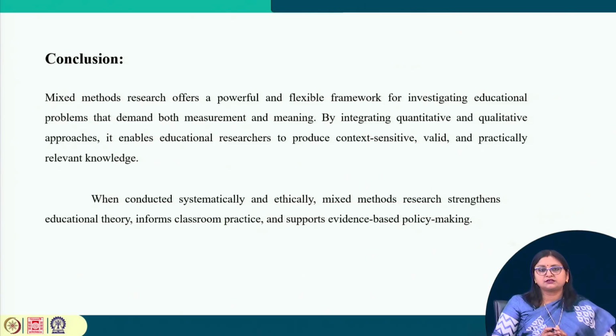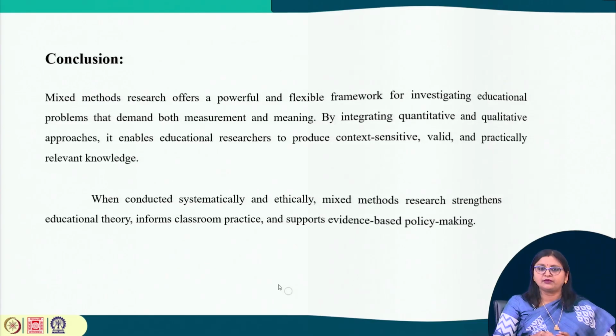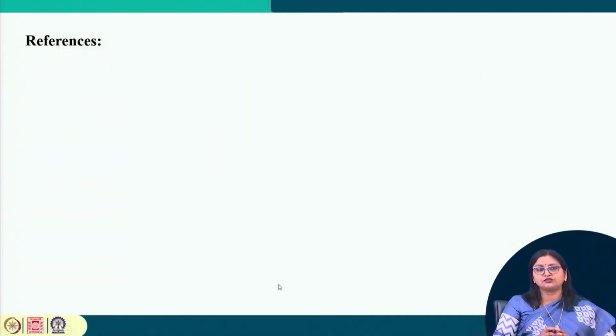When conducted systematically and ethically, mixed methods research strengthens educational theory, informs classroom practices and supports evidence based policy making and decision making by policy makers and the administrators of the institution.